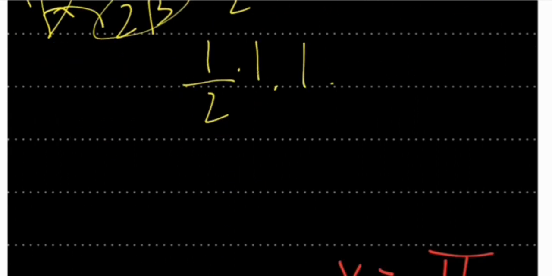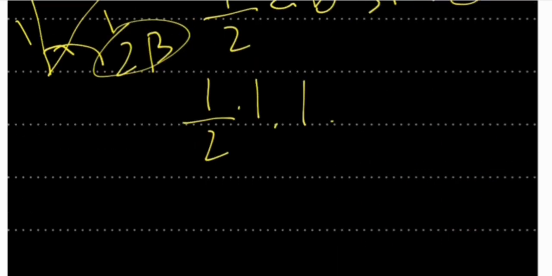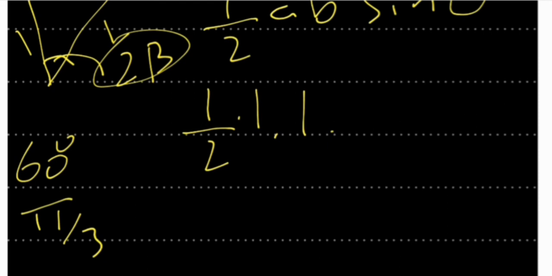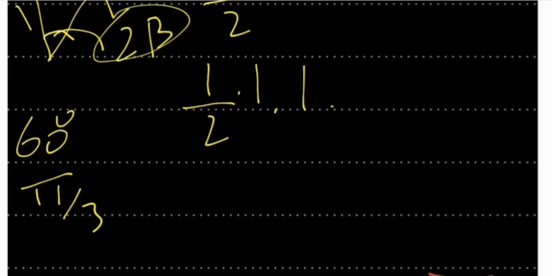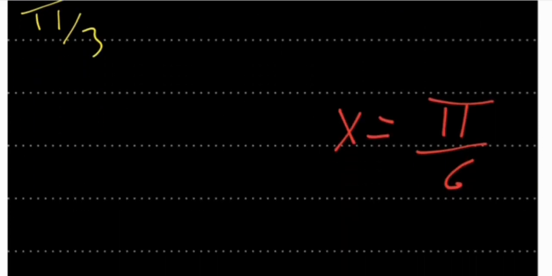Now 2 beta is what? 2 beta is 60 degrees. It's pi divided by 3. So sine of 2 beta is square root of 3 divided by 2. Okay, so just remember, this area over here was of the whole thing.